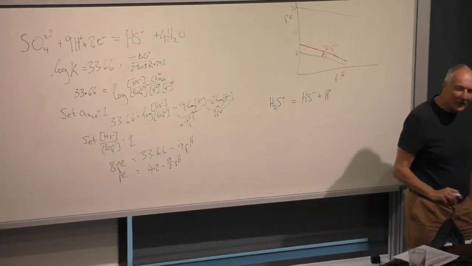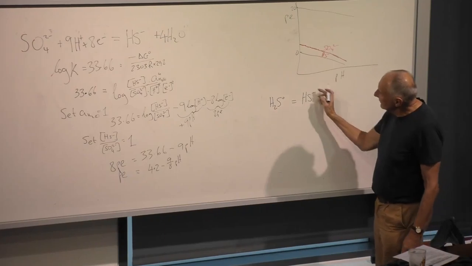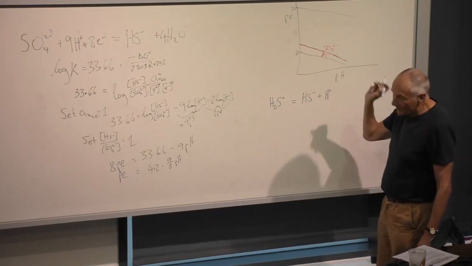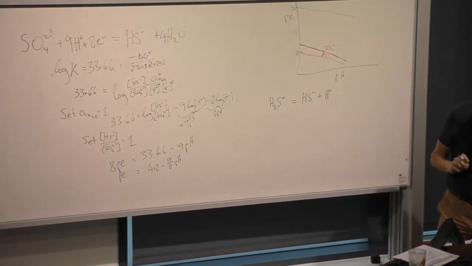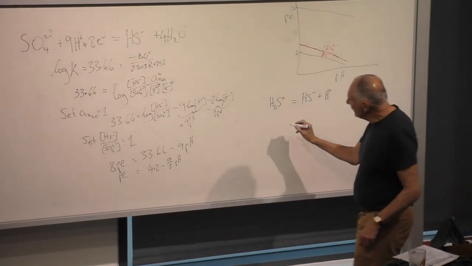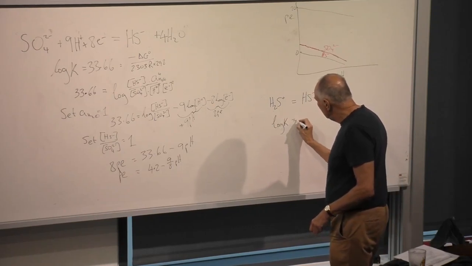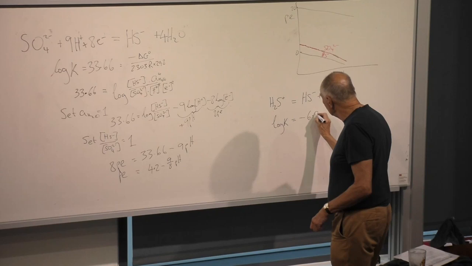Okay, so if the hydrogen ion concentration gets really high, we push it that way and make this one instead of HS minus. So where will that be? According to my calculations, log K is minus 6.99.